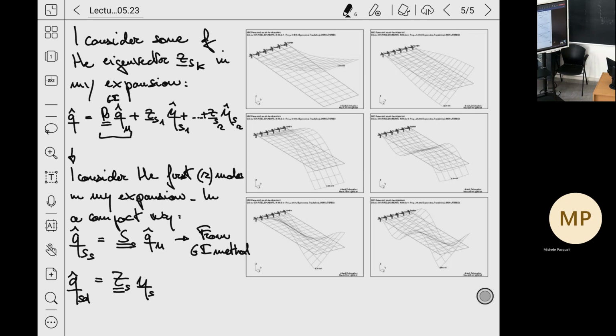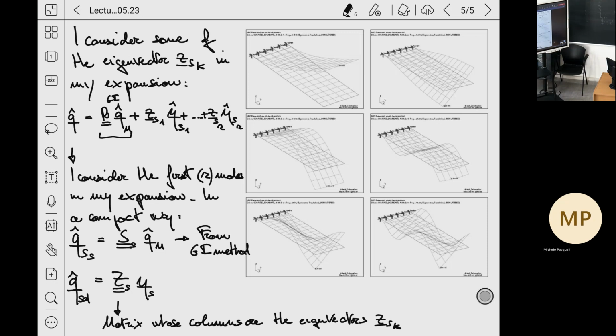Well, this is just a matrix whose columns are the eigenvectors we are interested in, ZSK.